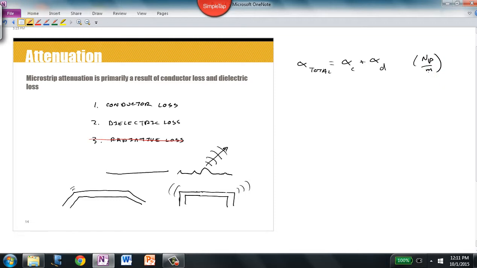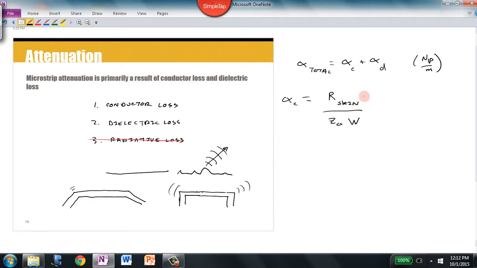So let's first look at the conductor loss, alpha sub C. The formula for conductor loss is that we take the skin resistance of the conductor that we're using, and we divide that by the characteristic impedance of the T-line times the width of the signal trace, W. The characteristic impedance we've already talked about.